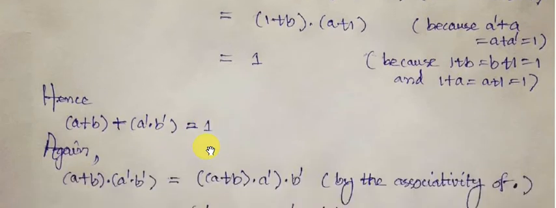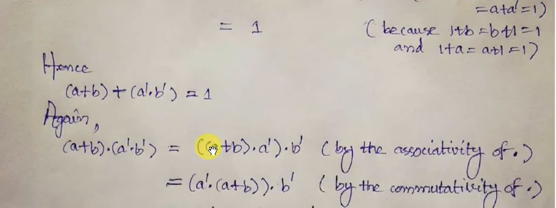Now try to remember the definition of a complement element. If you add any member of the Boolean algebra with its complement element, the resulting value is equal to the multiplicative identity element 1.